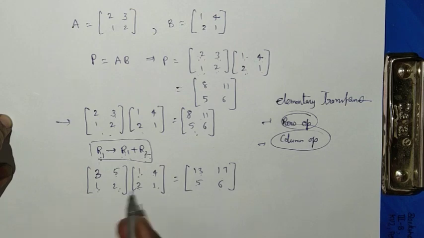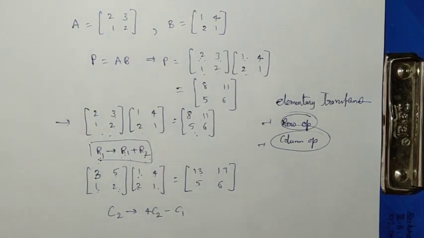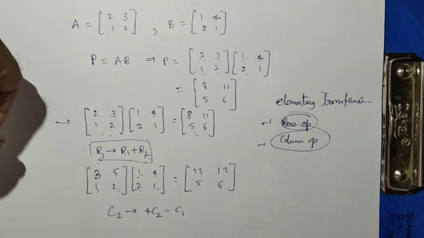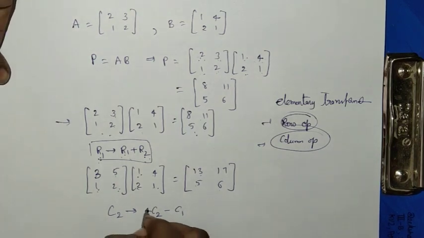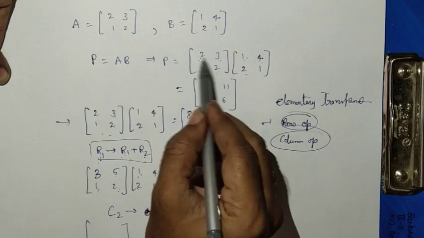Now for example, if you want to do C2 equals 4 into C2 minus C1, or otherwise C2 equals C2 minus 2C1, we can do it like this. This is a column operation, so it must be applied to the second matrix, because rows are multiplied with columns.